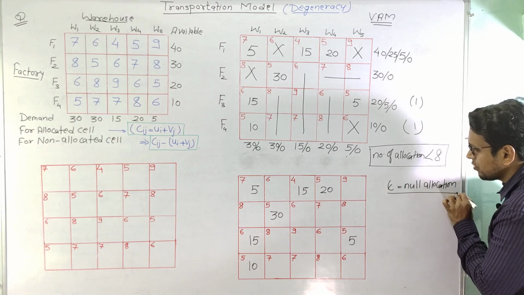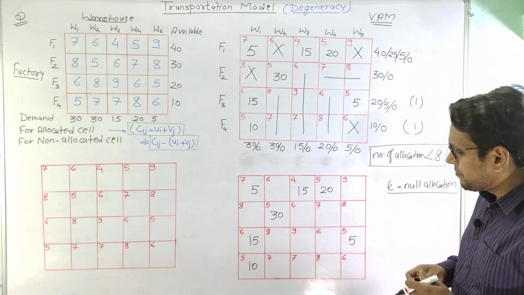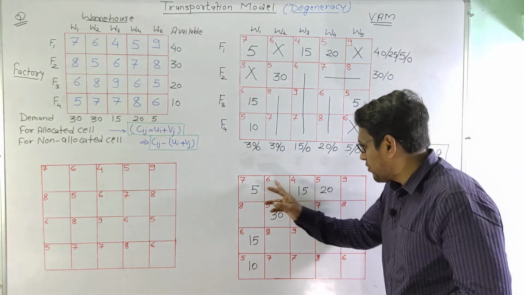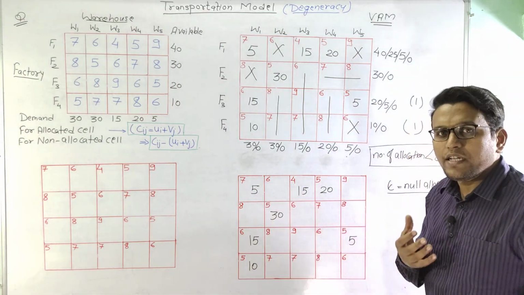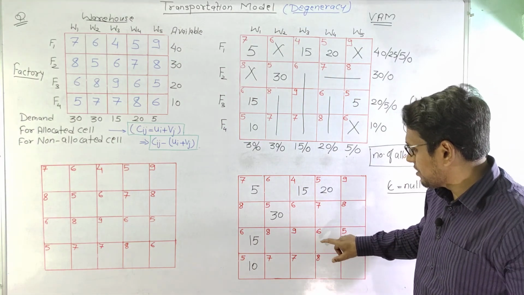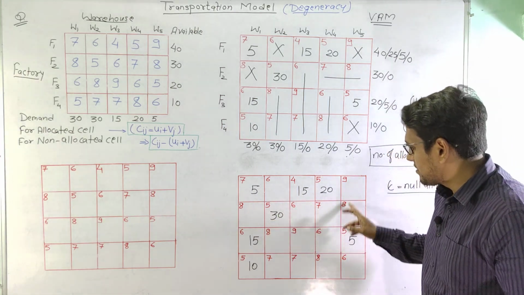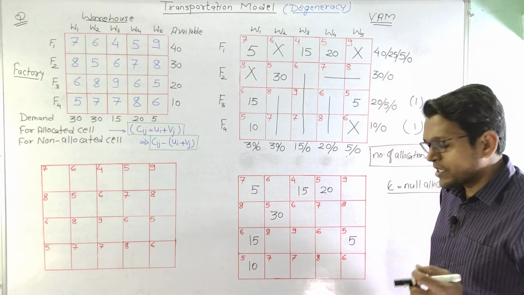That means there is no allocation in that particular cell. So let us see how can we select that cell to be an independent allocation.